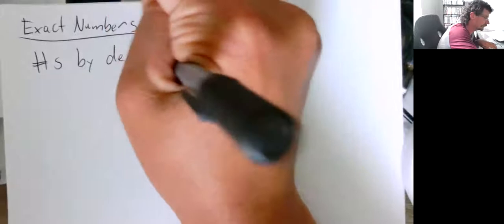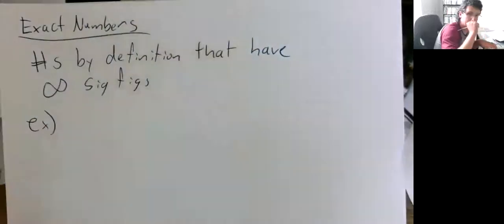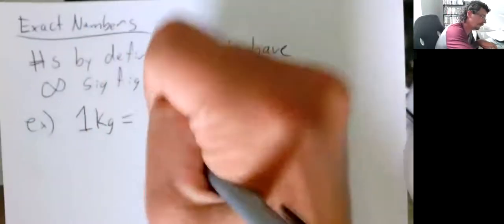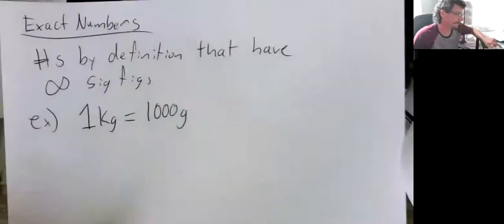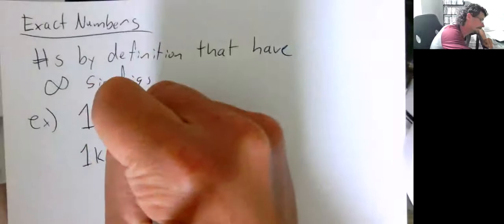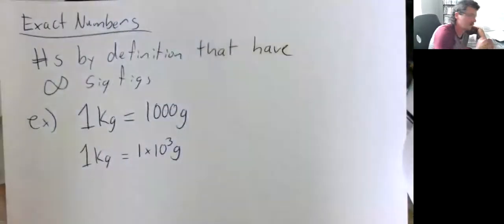So definition that have an infinite amount of sig figs. As an example, consider how many grams are in a kilogram. For every 1 kilogram, there are 1,000 grams. Or for every 1 kilogram, there's 1 times 10 to the third grams.